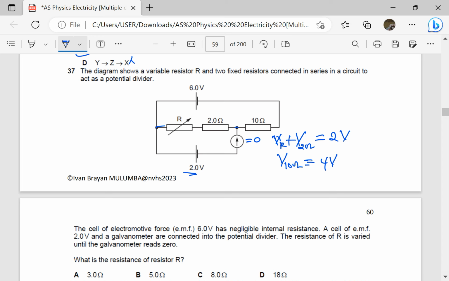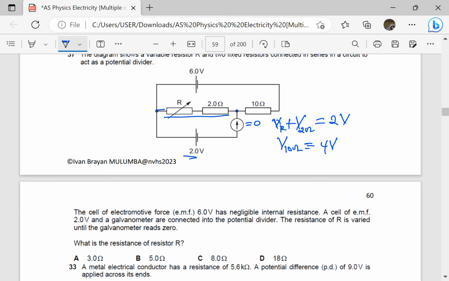Okay, so if the PD across these two is 2 volts, then the PD across the other one must be 4 volts. So what is the resistance of resistor R?